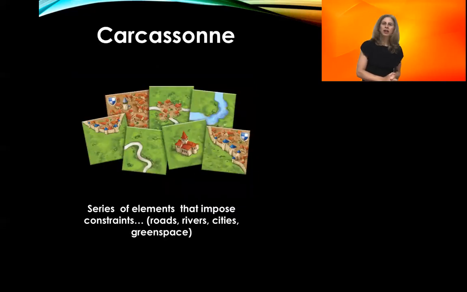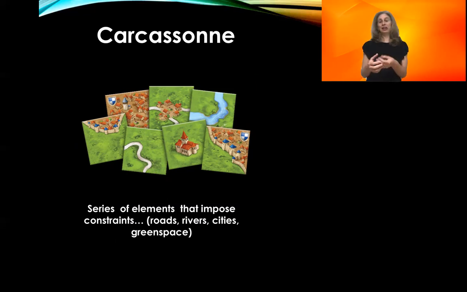Moving on from there, we can think about the game of Carcassonne. Some of you may have played Carcassonne before. It's a great game if you've never seen it, great for lockdown in the time of COVID-19. It consists of a series of tiles, and the tiles have different illustrations. So some will include a little bit of road, some might include a bit of a town, a fortified town.